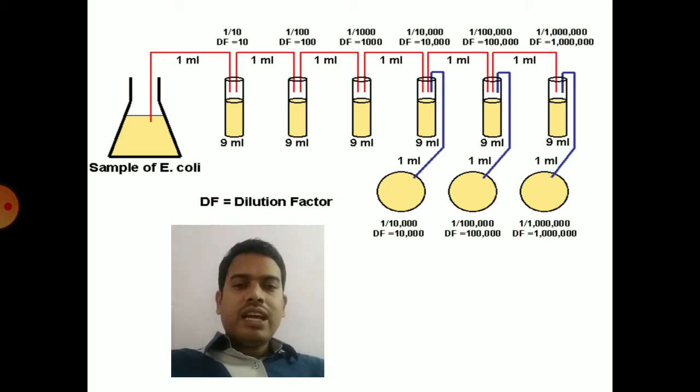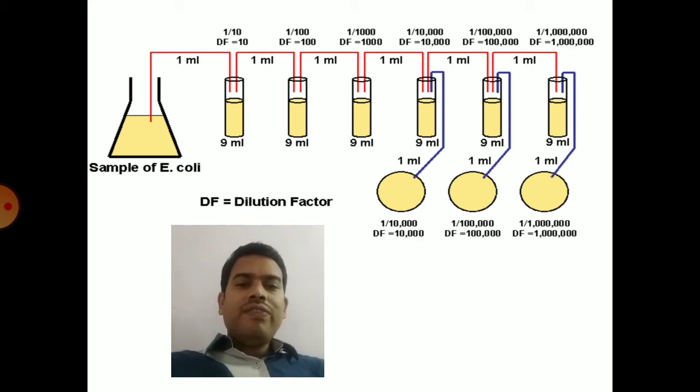From that, collect 1 ml and transfer it into a test tube containing 9 ml of sterile distilled water. Sometimes you can use sterile medium also. In this case, you use sterile distilled water and you serially dilute it by transferring 1 ml, 1 ml, 1 ml as shown in this figure.